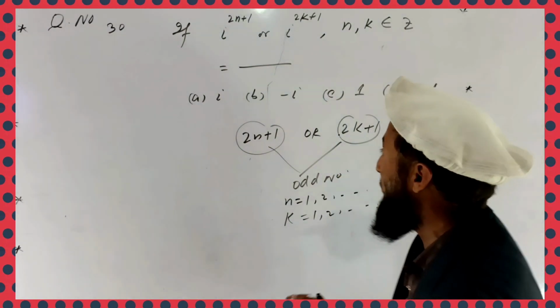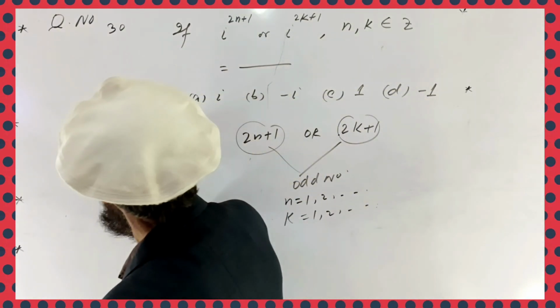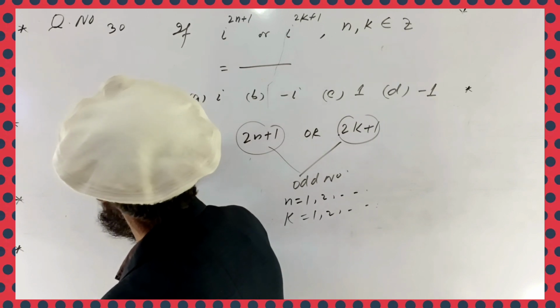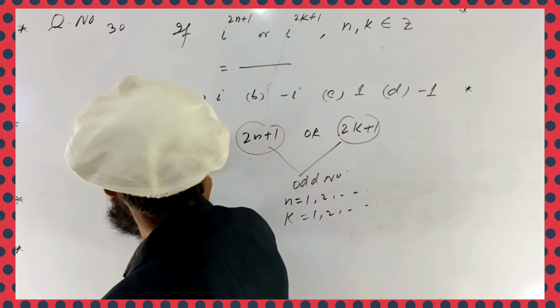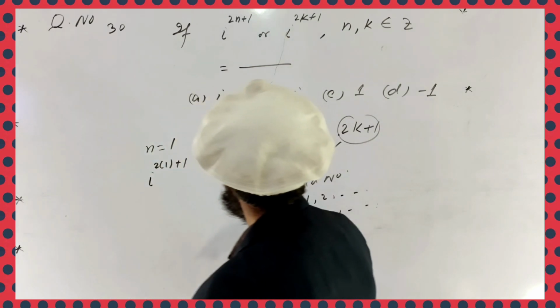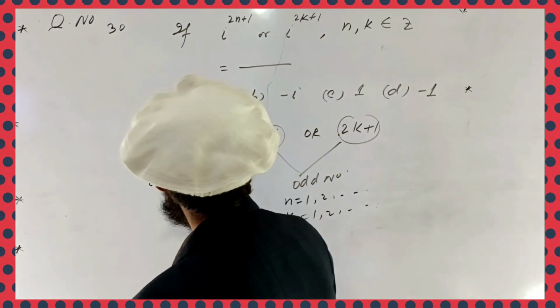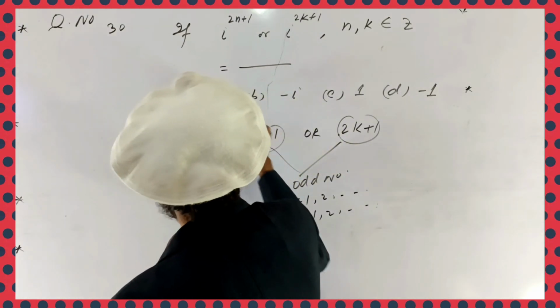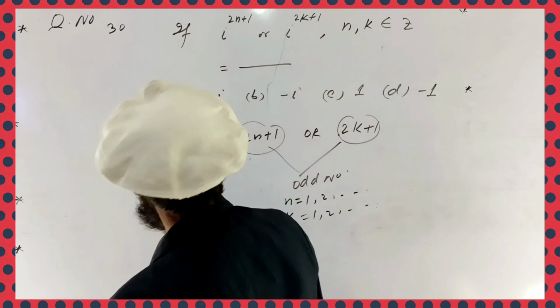What is the result if we check first n is equal to 1? iota to the power 2 into 1 plus 1, so the result will be minus iota, and we get plus minus iota.